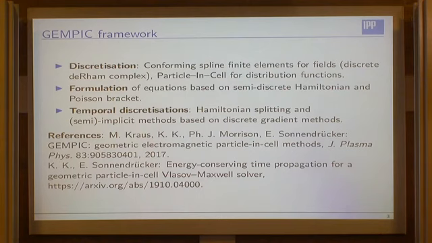So we had a symplectic method. Then recently we have looked into doing this with energy-conserving time discretization instead, using methods based on the discrete gradient. And we get back to those for the curvilinear context in this talk.